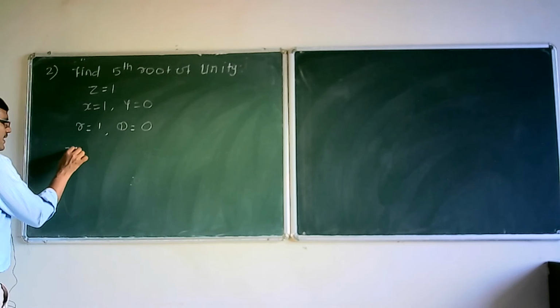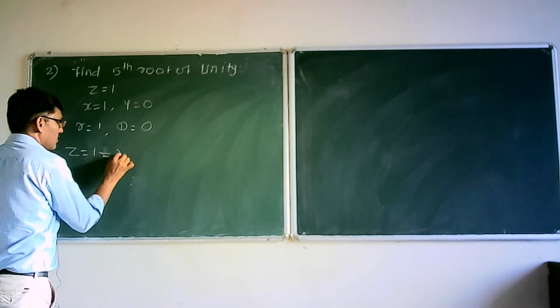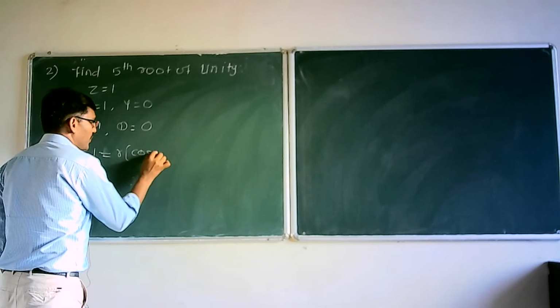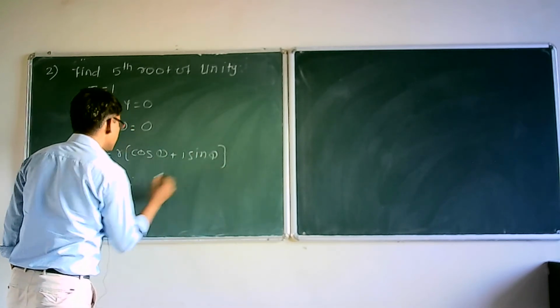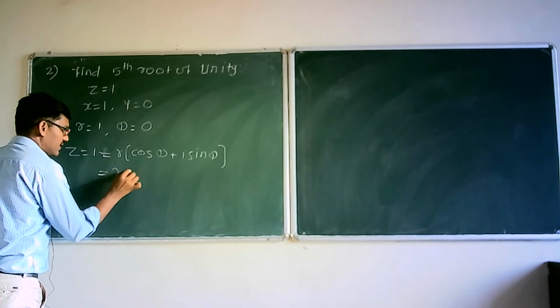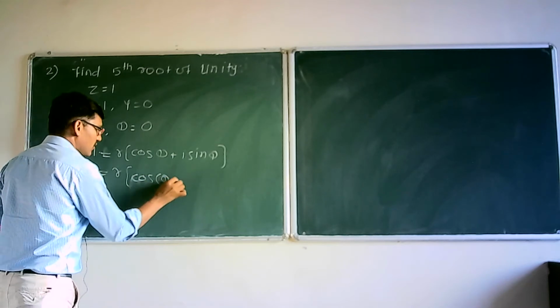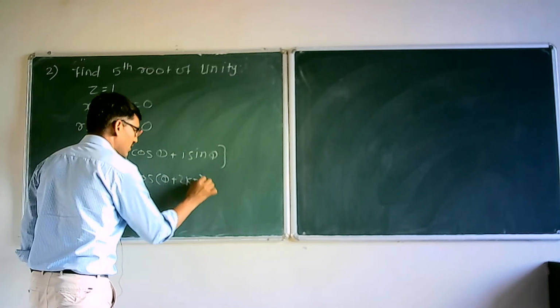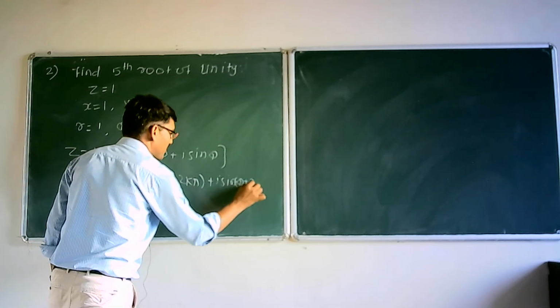So z is equal to 1, which is equal to r times cos theta plus i times sin theta. Since we want to determine all general angles, we can write this as cos of theta plus 2k pi plus i times sin of theta plus 2k pi.